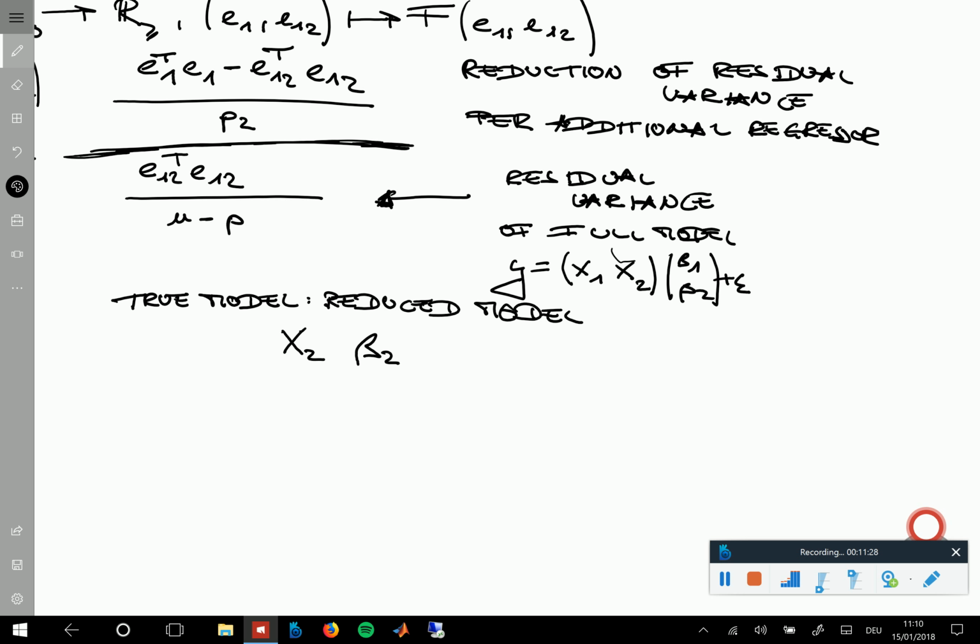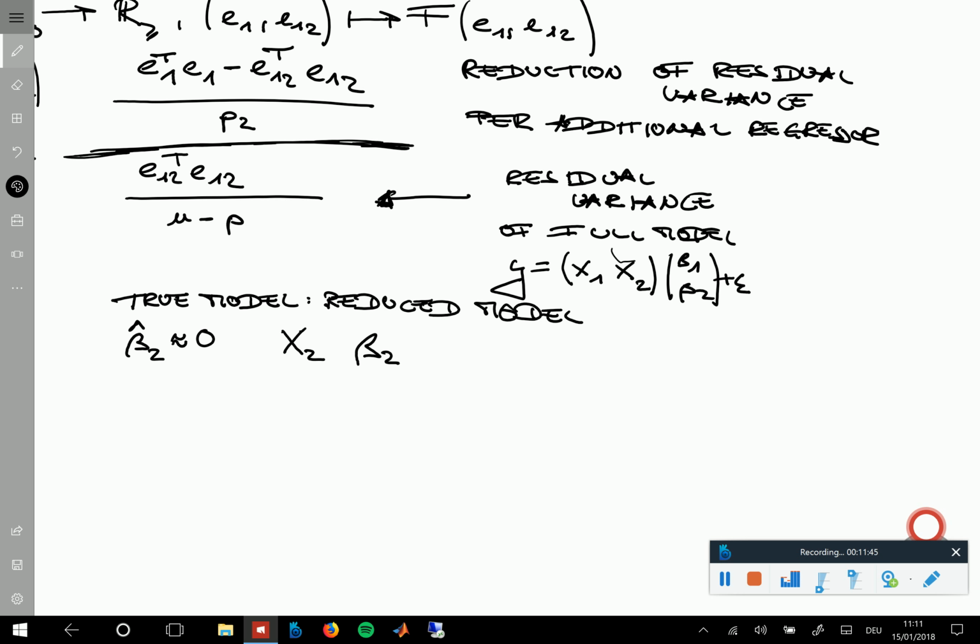So if the true model is in fact the reduced model, then beta hat for beta 2 will be approximately 0.